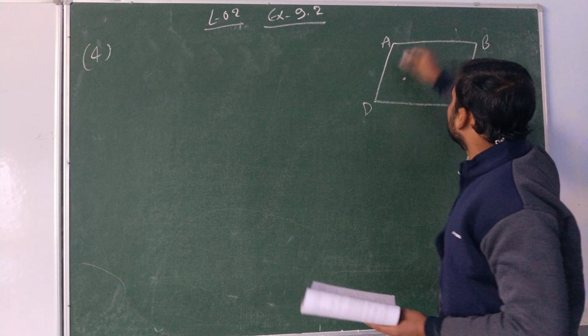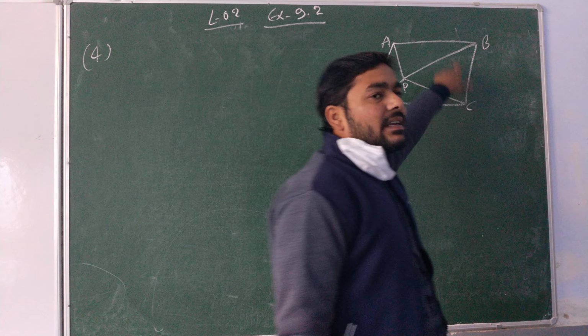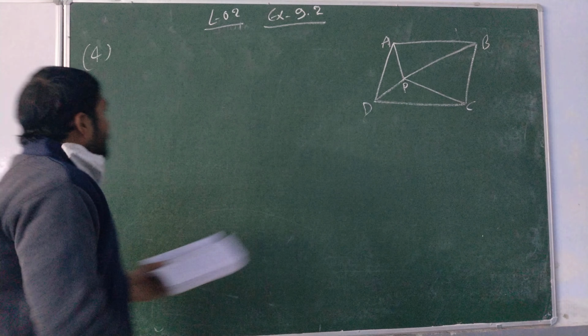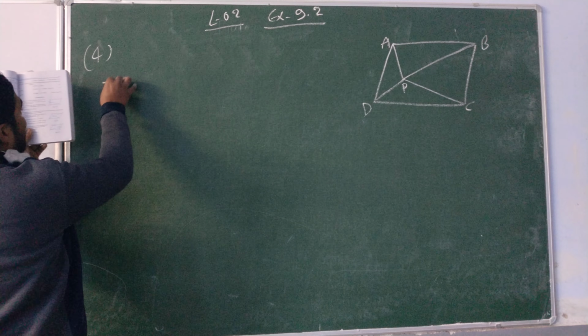Join it like this. This is the point P. P is a point in the interior of a parallelogram ABCD, which means there is a point in the middle of the parallelogram. It can be here, it can be here, it can be here.